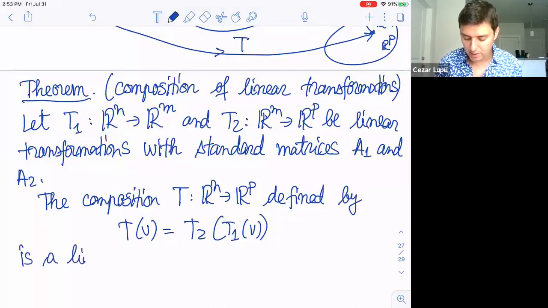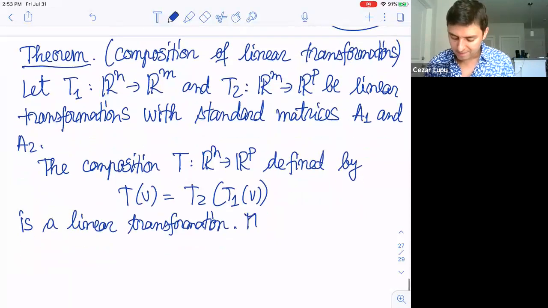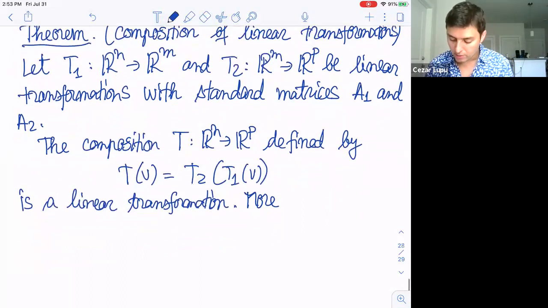So the composition, in other words, of 2 linear transformations is a linear transformation, right? Moreover, and now we want to see how the standard matrix for this composition of these 2 linear transformations would look like.